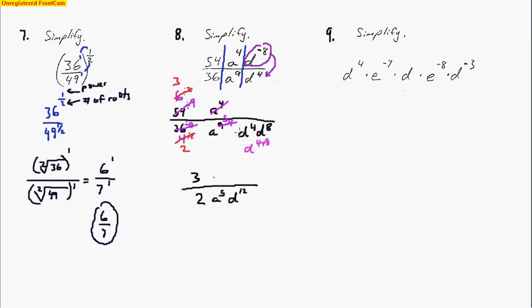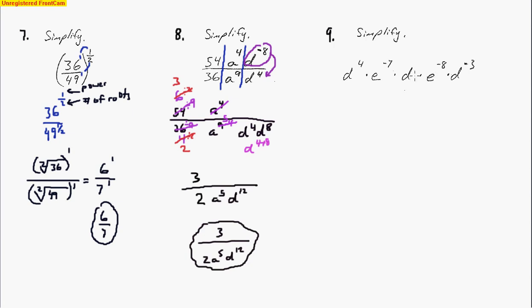Notice it's on the bottom of the fraction, so I need to leave it that way. And so when we do our final answer there, pretty much we've got it. It's just 3 over 2a to the 5th, d to the 12th. And there it is.